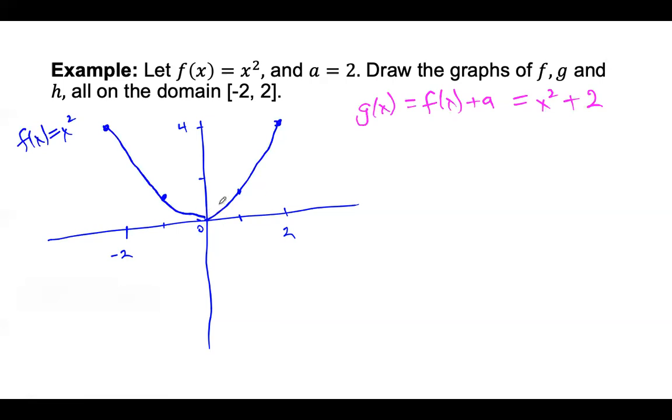So what happens to that graph when we add 2? Right, so there's a shift up of 2 units. It just basically begins here, 2 units, and it's the same kind of graph, just gets shifted up.